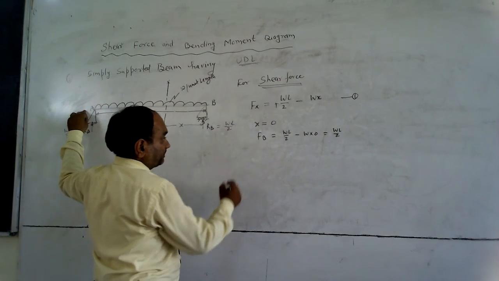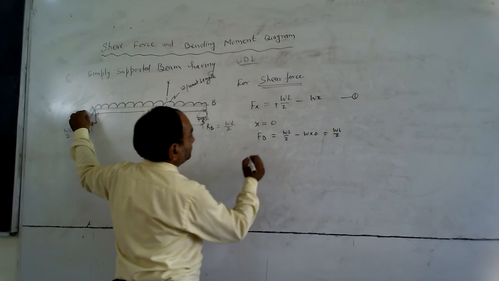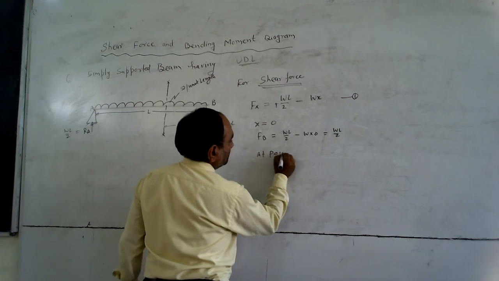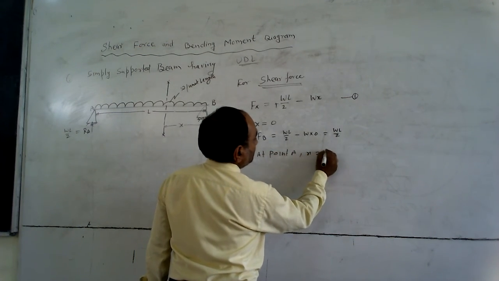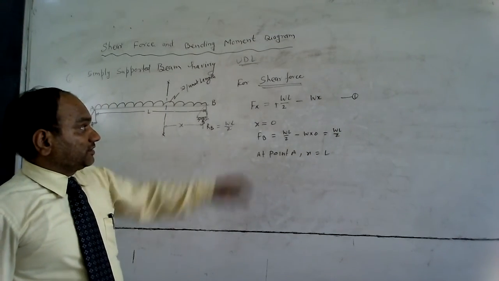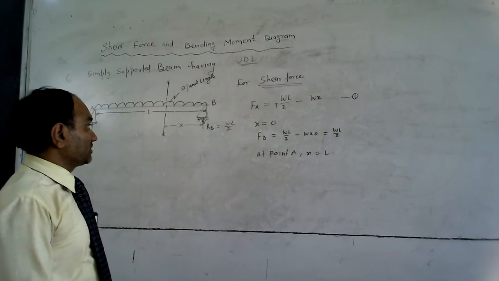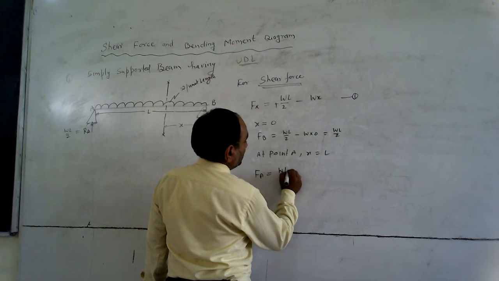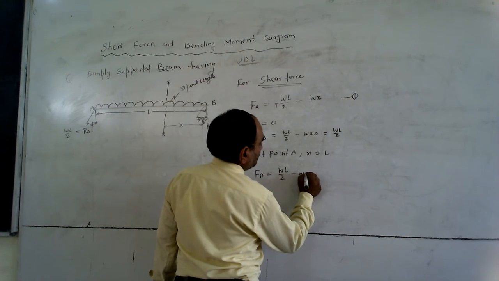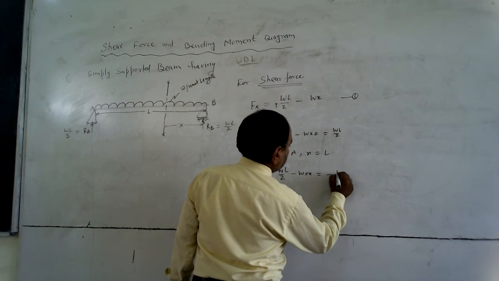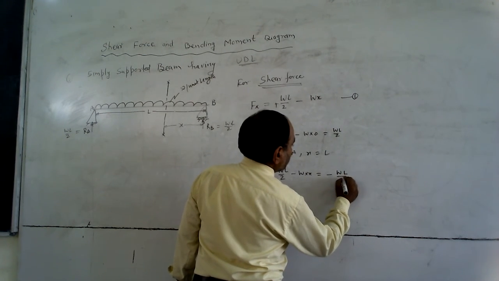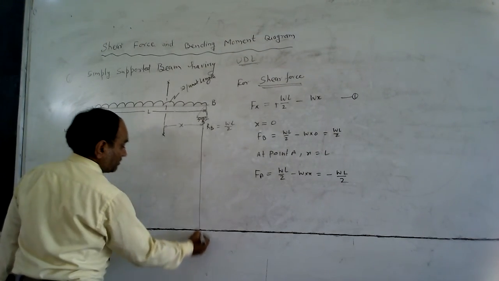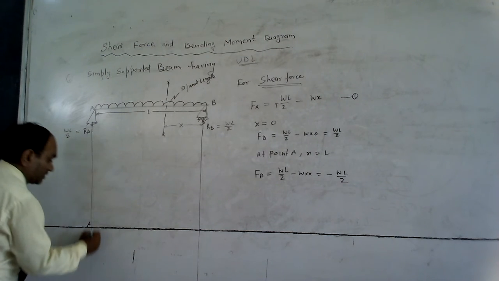At point A, when x equal to L, putting x equal to L in the equation, FA equals wL by 2 minus w into L, which is minus wL by 2. This is negative. So by using these values, we can draw the shear force diagram.